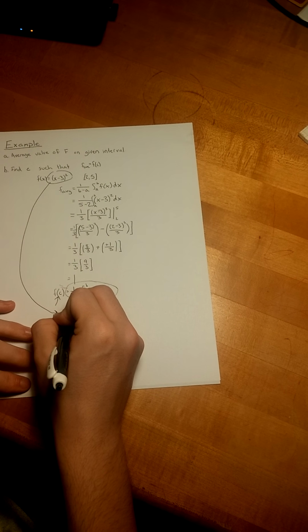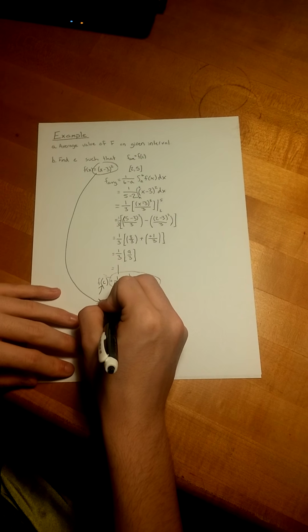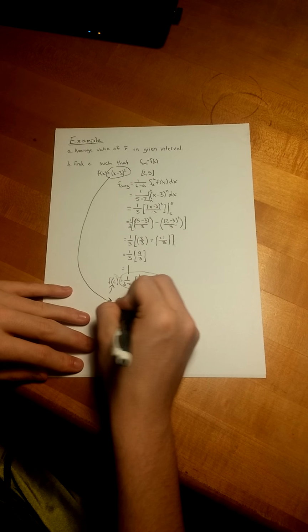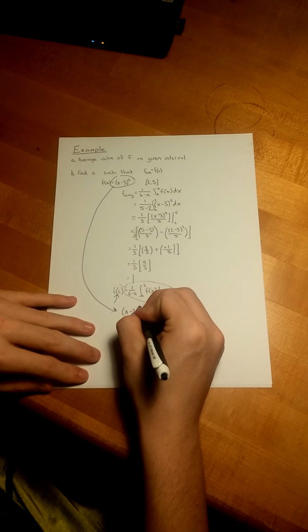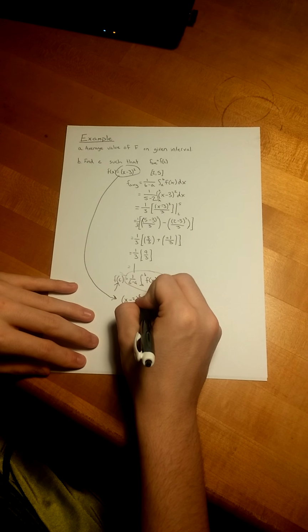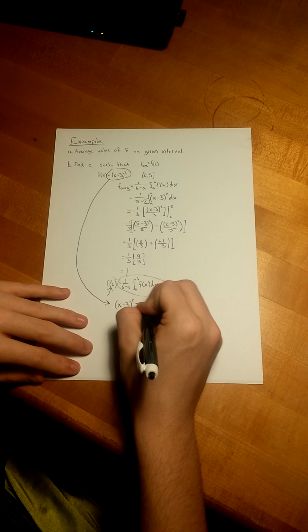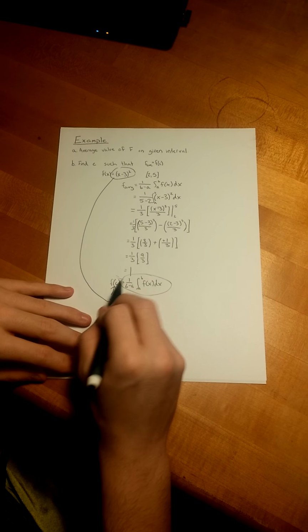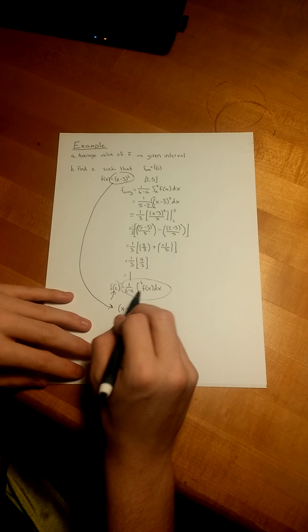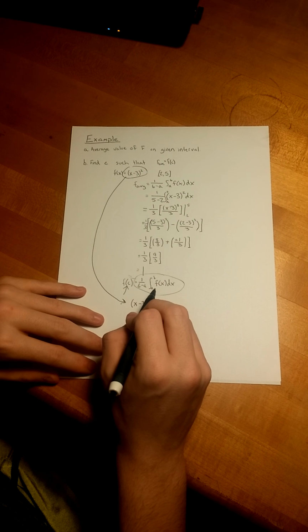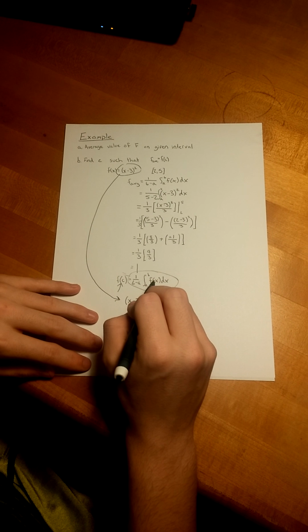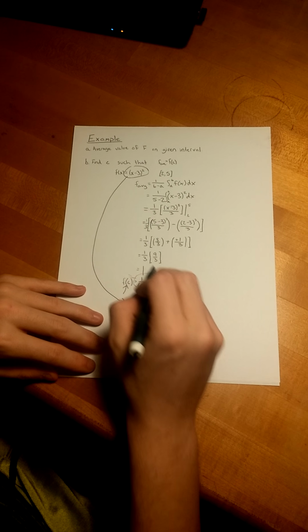So this will turn out to be (x minus 3) squared, my pardon, equals 1, since all of that, 1 over b minus a times the integral from a to b of function f with respect to x, is 1.